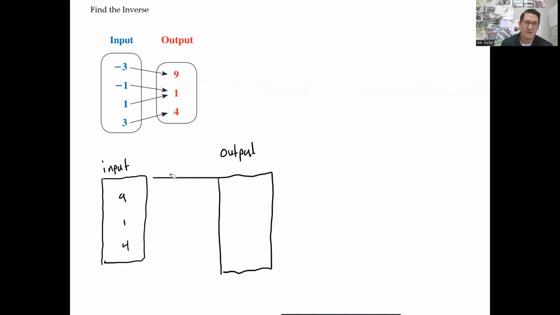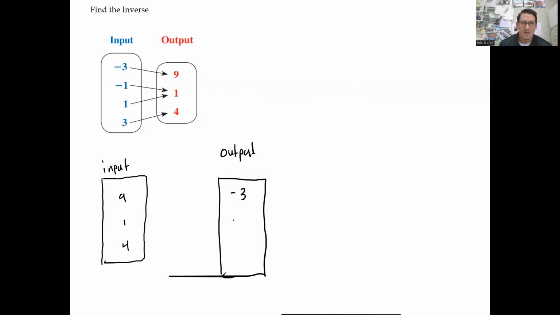Yeah, fix that line because it's... all right. All right, -3, -1, 1, 3.